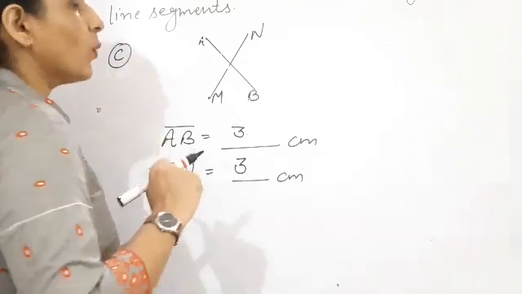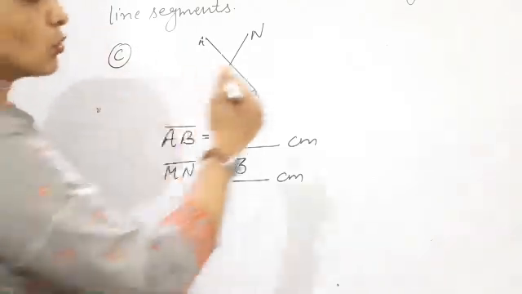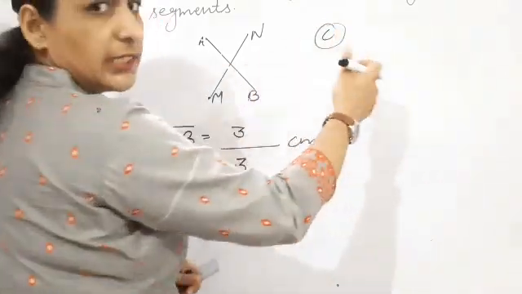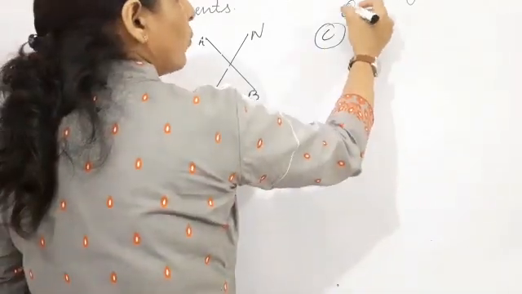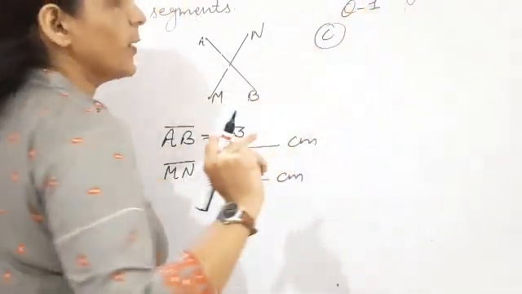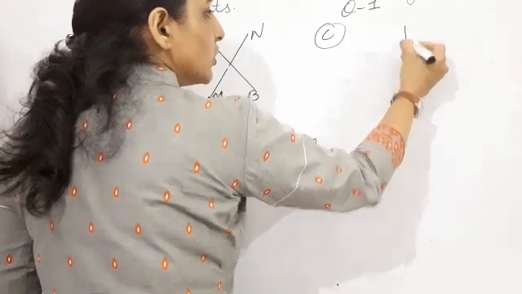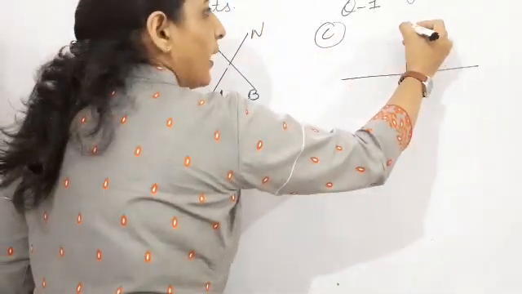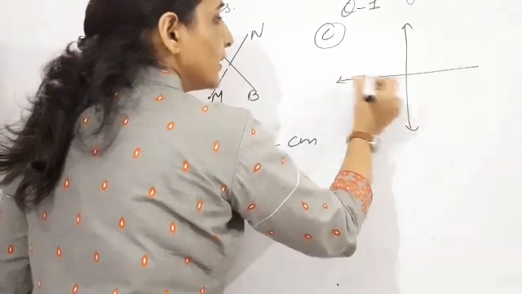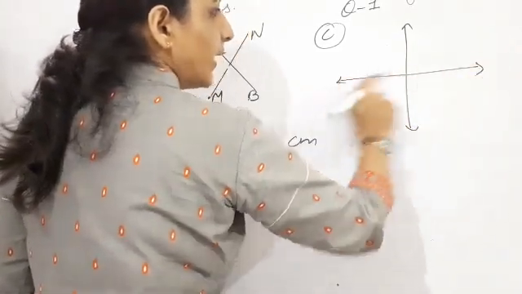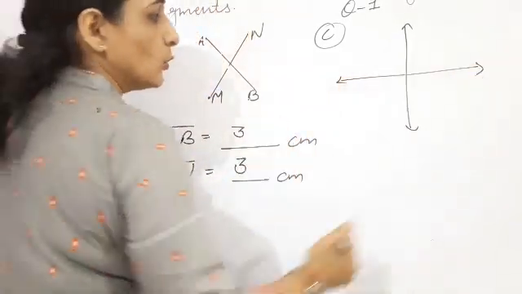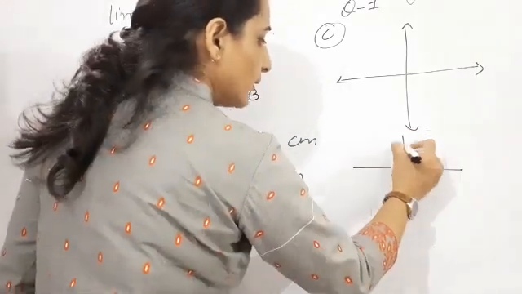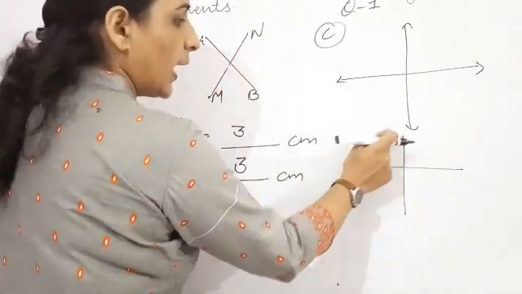But in question number 1, part C, the question was: draw the horizontal and vertical. Question number 1, part C, beta. When we draw the horizontal and vertical, in that question by mistake I made the line. That is the symbol, that is the line, not the line segment, you know. That is the line segment without arrowhead.